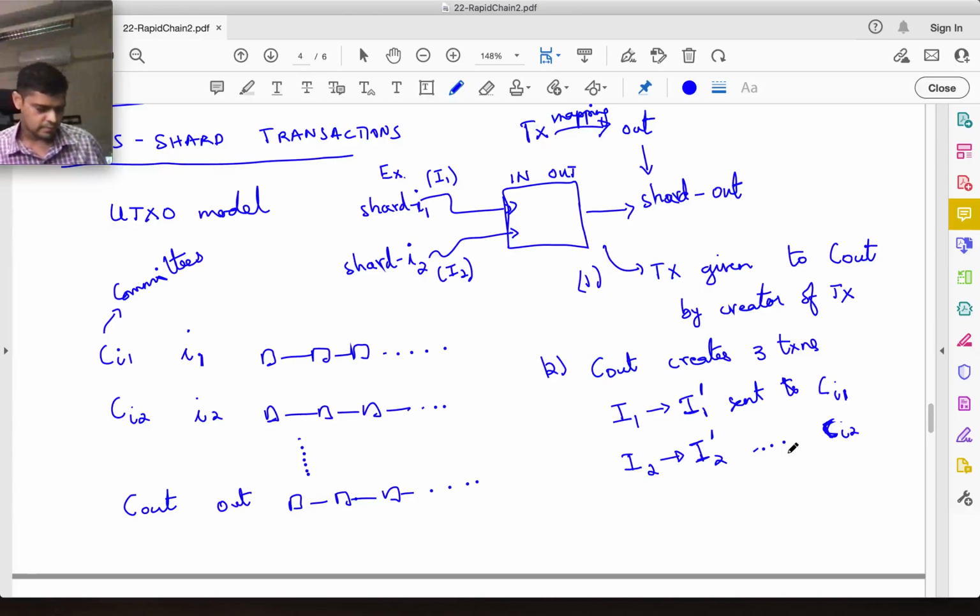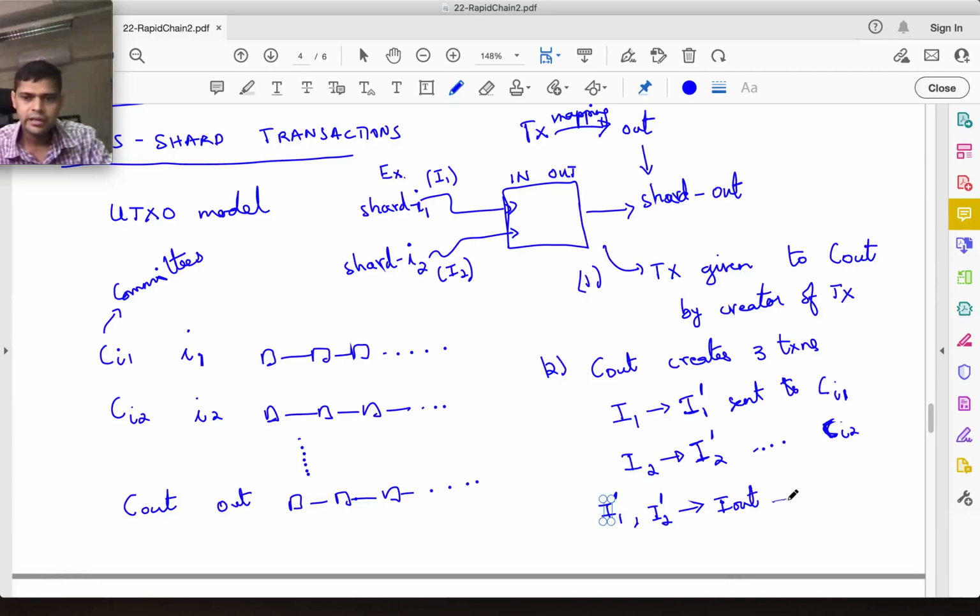Right? Okay, and it's also going to create a transaction which has I1 dash and I2 dash, and this is going to be sent to, let's say, the I out.